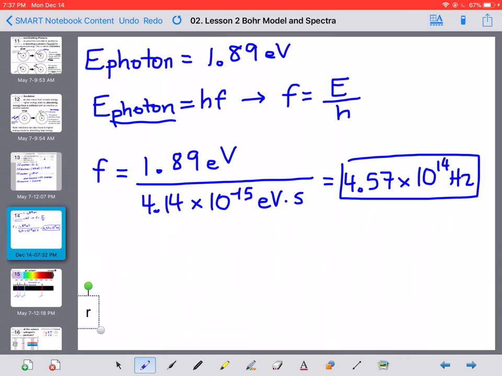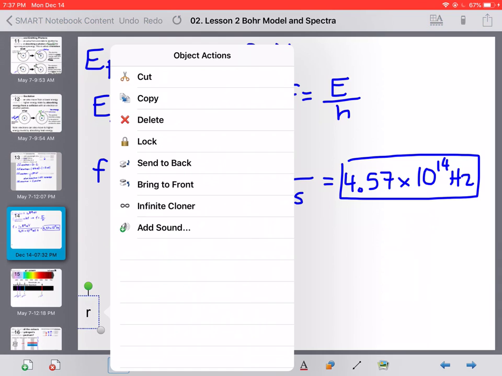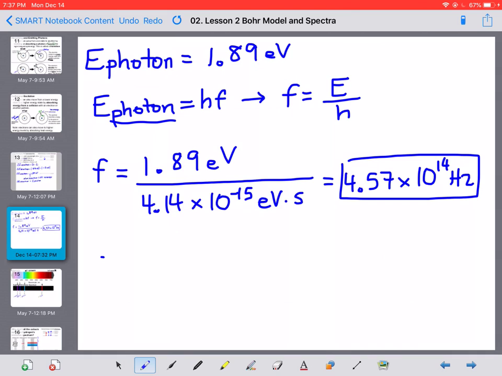And then we're also wanting to find the wavelength. So the way to find the wavelength is to do c equals frequency times wavelength. So wavelength is the speed of light divided by the frequency.